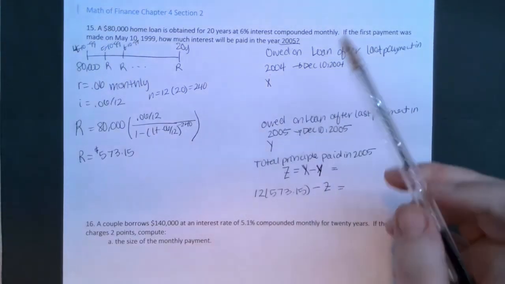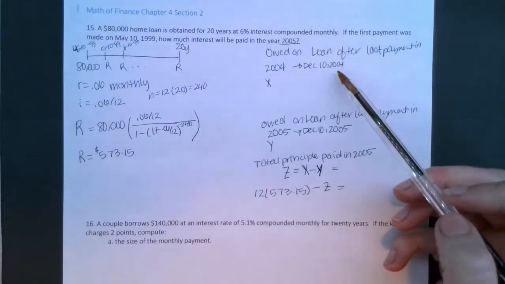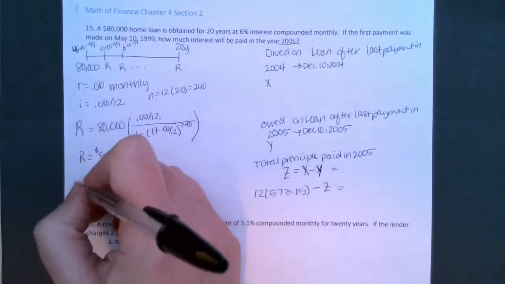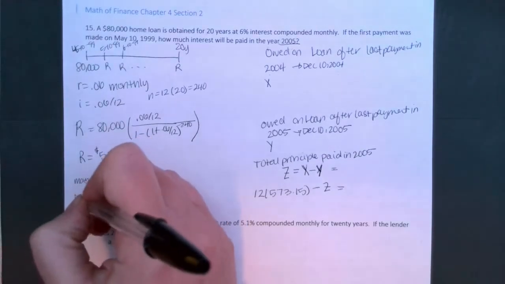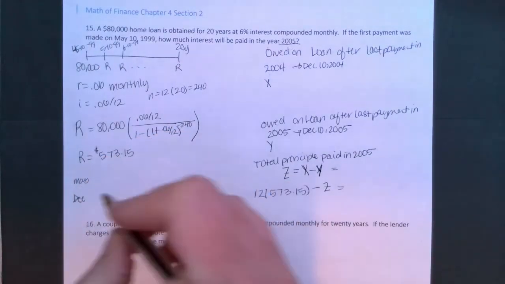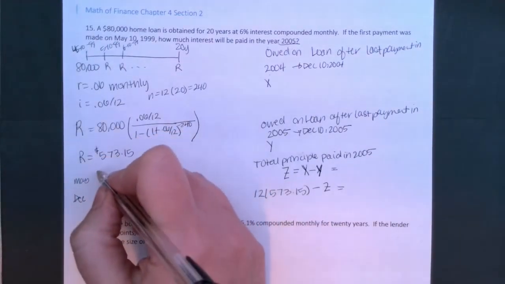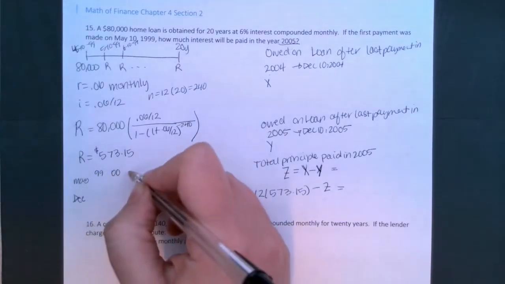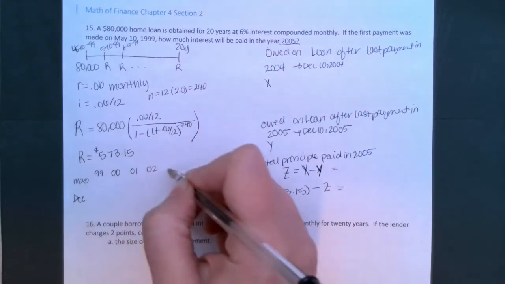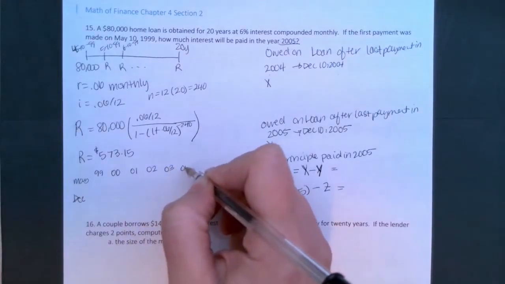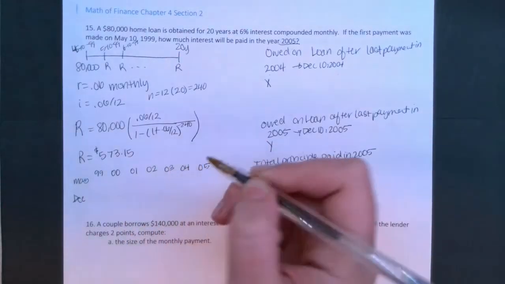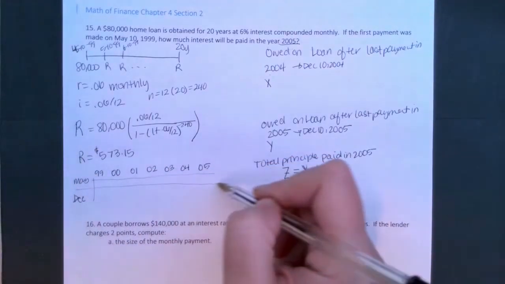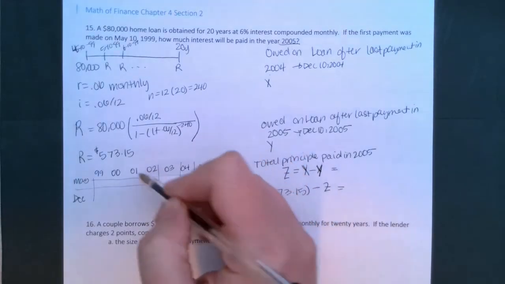So now we have to count how many payments we did to get to here. Okay, so first payment is May, and then we're really doing December's. So May and December. Then we have 99, 2000, 2001, 2002, 2003, 2004, 2005. Okay, so I'm just going to make a little table here just to help me sort it out.